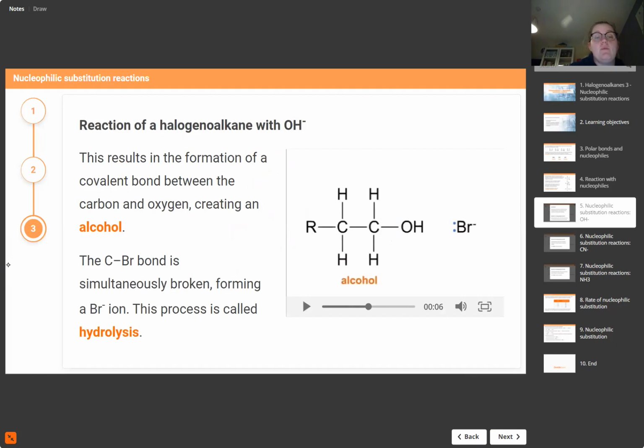And the carbon-bromine bond is simultaneously broken, and that then forms a bromide ion. This process is called hydrolysis. That's what happens when it's a hydroxide ion, and we're going to make an alcohol and then whatever halide.